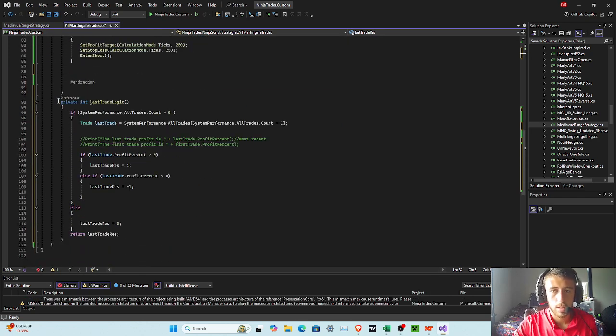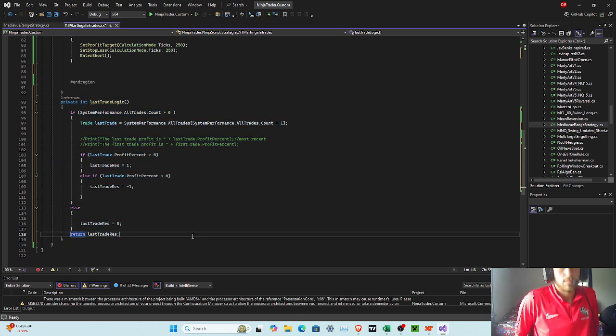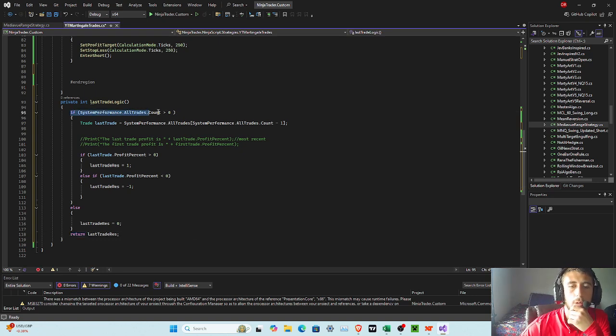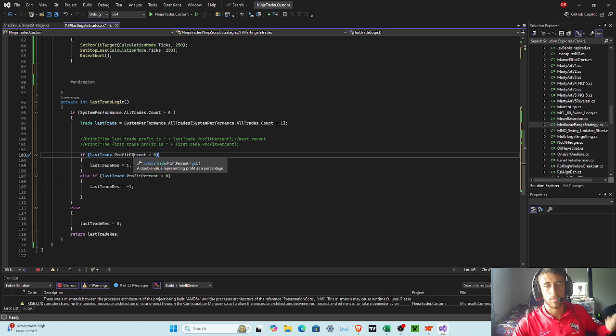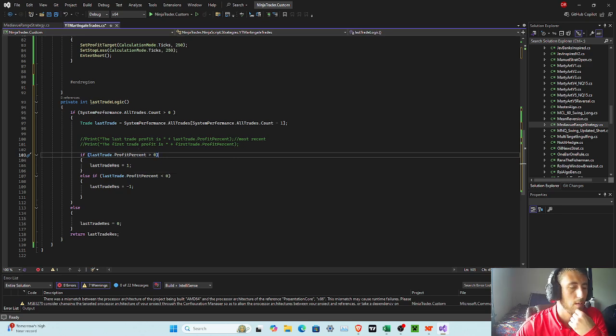So what this method does is, first it's checking once we've already taken a trade, and it gets the most recent trade, and if the profit percent, percent of the account, is greater than 0, then we won. If it's less than 0, then we lost.